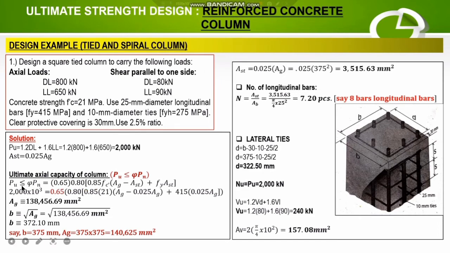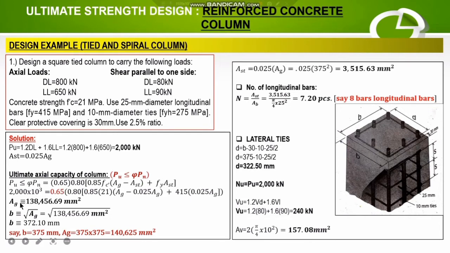So with the solved axial load, which is equal to 2000 kilonewtons, we plug in 2000 times 10 to the cube, converting kilonewtons to newtons, which is equal to 0.65 times 0.80 times the quantity of 0.85 times 21 times Ag minus 0.025 Ag, which is the value of AST, plus 415 times 0.025 of Ag.